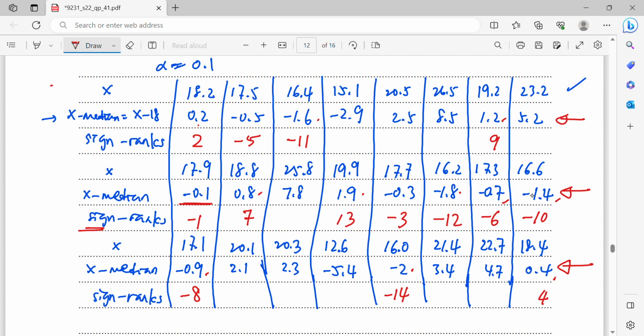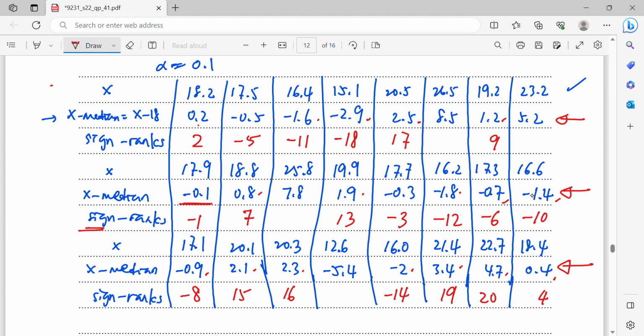Then after negative 2, it will be 2.1. This is rank 15. Then followed by 2.3, rank 16. So now my rank 17 goes to 2.5. Then rank 18, it will be negative 2.9. That means this is side rank negative 18. Right. So then next is 3.4. Then here is 19. After 3.4, the next value is 4.7.